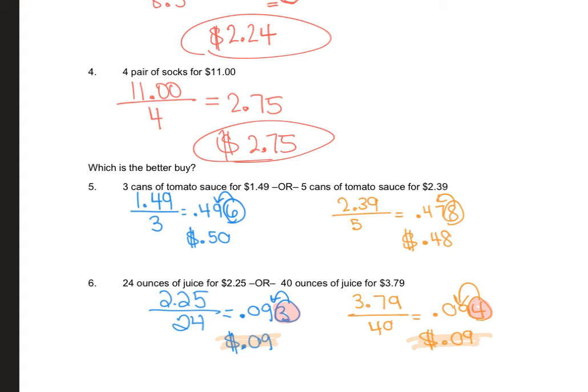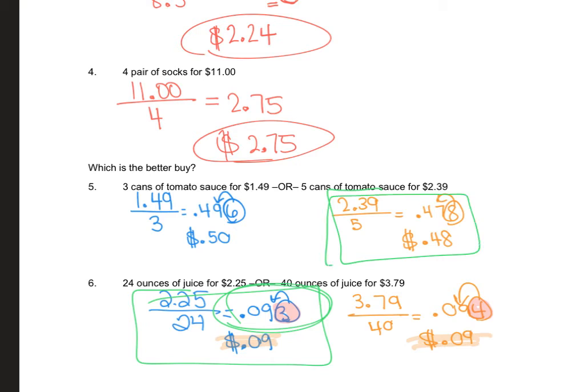Because when you've been comparing numbers, 0.093 and 0.094, you know that 0.093 is the smaller number. So technically, this juice is the better buy. And I'm sorry, I got paused before, but this tomato sauce is the better buy up here, the 0.48, because we're going for smaller.